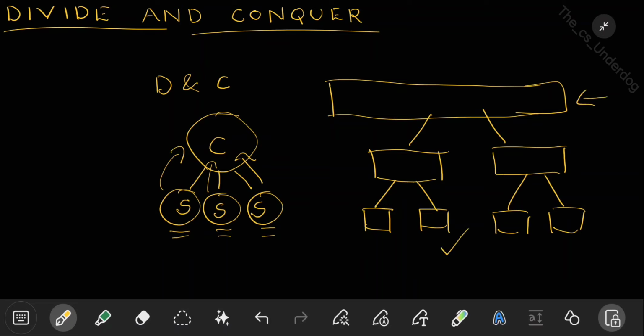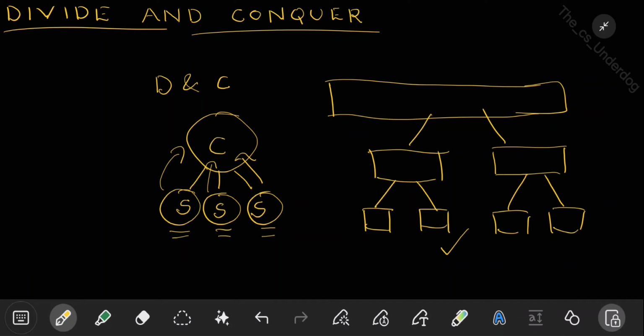Initially, what was the problem? The problem was a complex, large problem which you cannot directly solve. So you decided to divide it into smaller problems. You have to keep dividing till the point you reach a smaller size which you can directly solve.